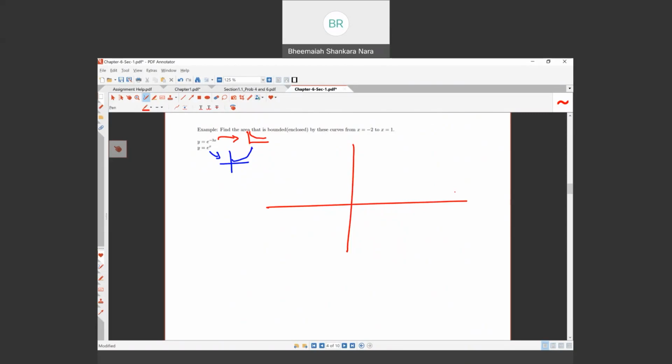When you draw these two curves, one increasing, one decreasing, make sure that you have the x limits and the y limits. So this curve is y equal to exponential -3x. You have one more curve, which is y equal to exponential x.